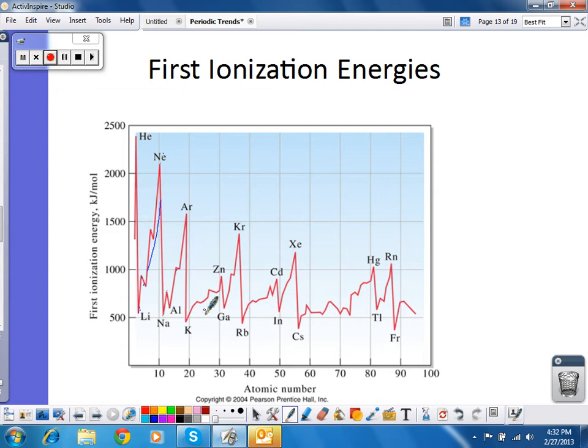And again, when we get into the transition metals, there are lots of exceptions. And then you'll notice it's easiest to see either the group 1s, you notice the ionization energy is going down as we go down the group, or my group 18s, ionization energy decreases as we go down the group.